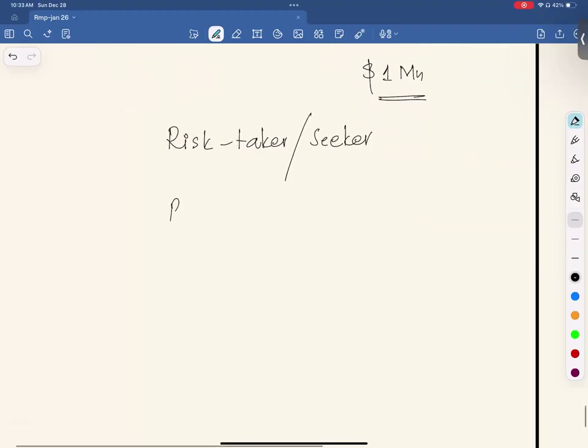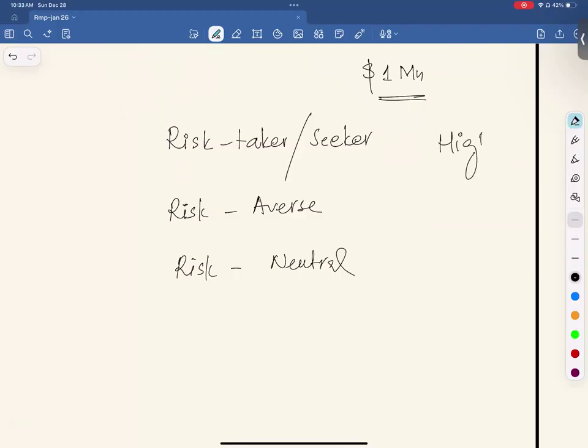A stakeholder could be risk averse. A stakeholder could be risk neutral. So risk taker with a high appetite. If the risk appetite is high, what kind of risk management do you need? Very stringent, flexible, or what?